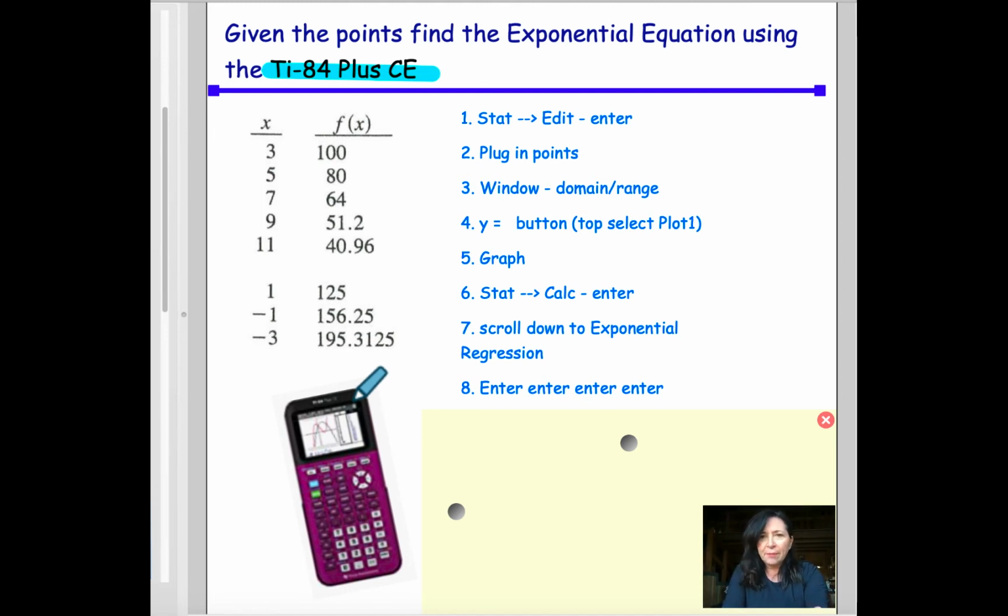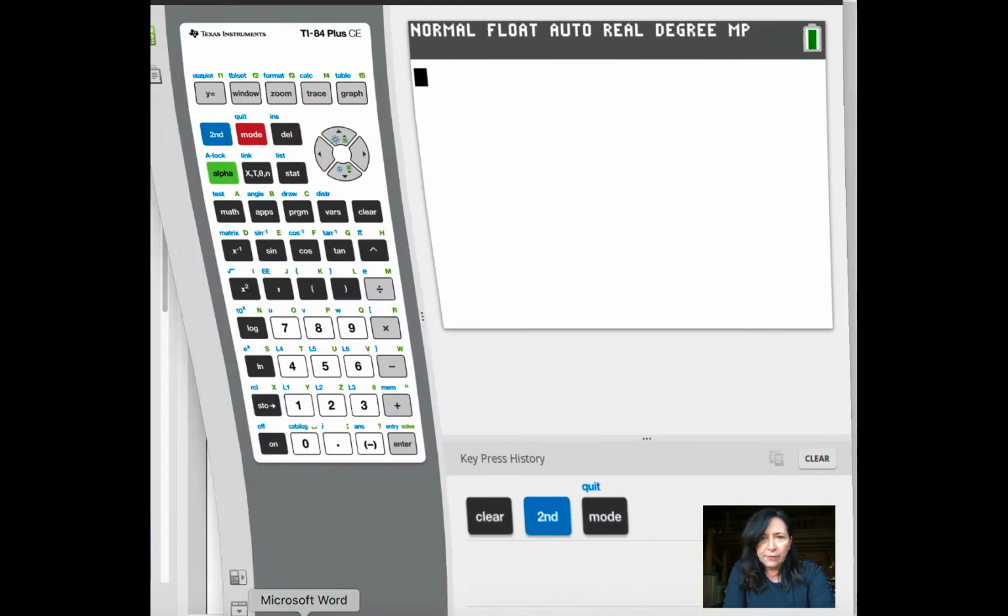You're going to go to the stat button, edit, enter. We're going to plug in points. We're going to go to window, domain and range. Remember, especially when you're thinking about numbers like 195 and then you're at -3, you've got quite a big difference between those numbers, and fitting that on a little screen can be a little bit trying. So get the calculator out, and we're going to go right to stat enter.